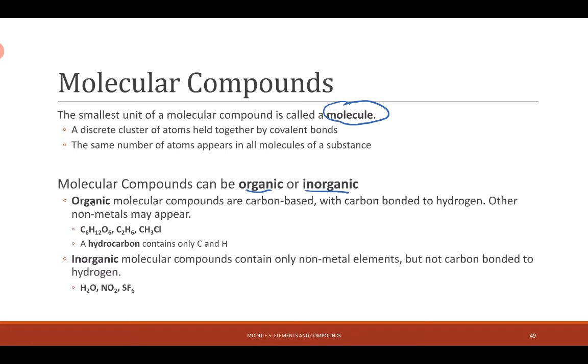The distinction there is that organic molecules are carbon-based with hydrogen. So carbon bonded to hydrogen makes it organic. But inorganic compounds contain only nonmetal elements, but carbon is not bonded to hydrogen.